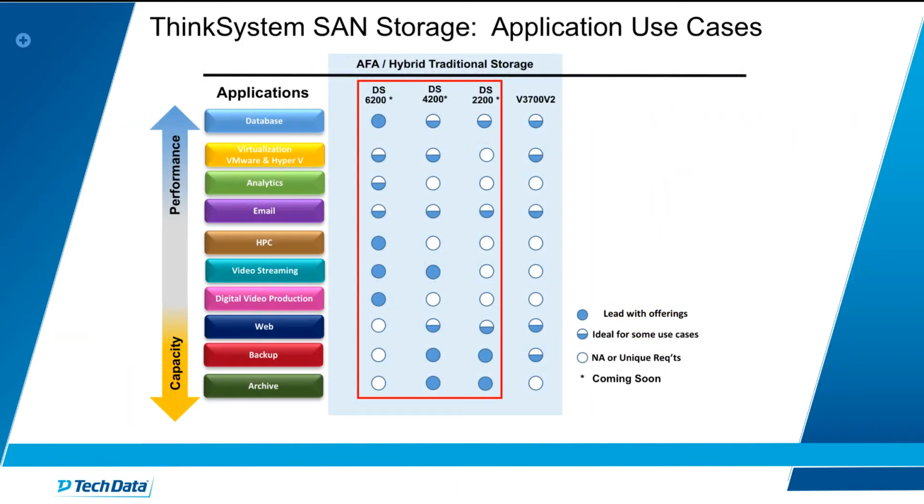ThinkSystem SAN storage application usage includes databases, virtualization, VMware and Hyper-V, analytics, email, high-performance computing, video streaming, digital video production, web, backup, and archiving. As you can see, the hybrid and traditional all-flash storage have the capabilities across the market from SMB to enterprise-level storage needs.